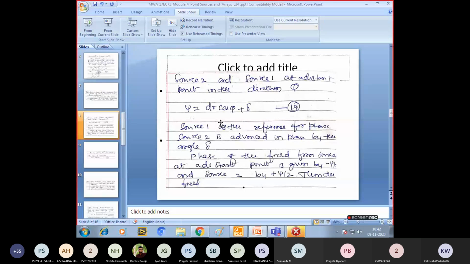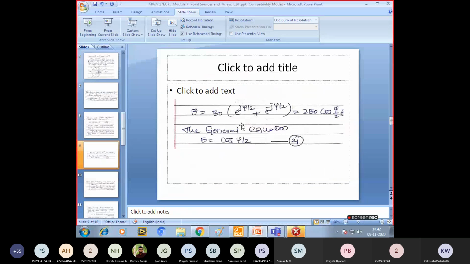Therefore, the total phase will be psi equal to dr cos phi plus delta. The phase of the field from the source at a distance point is given by minus psi by 2. Source 1 will be minus psi by 2 and source 2 will be plus psi by 2. Then the field will be E equal to E naught into e raised to plus j psi by 2 plus e raised to minus j psi by 2, which is equal to 2 E naught cos of psi by 2.